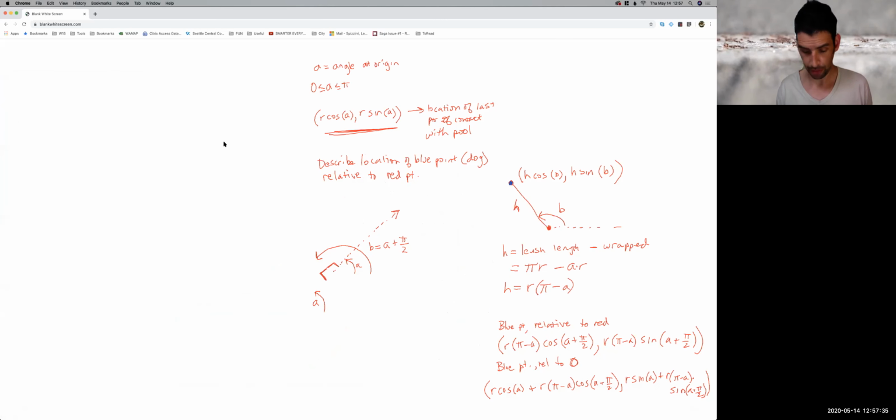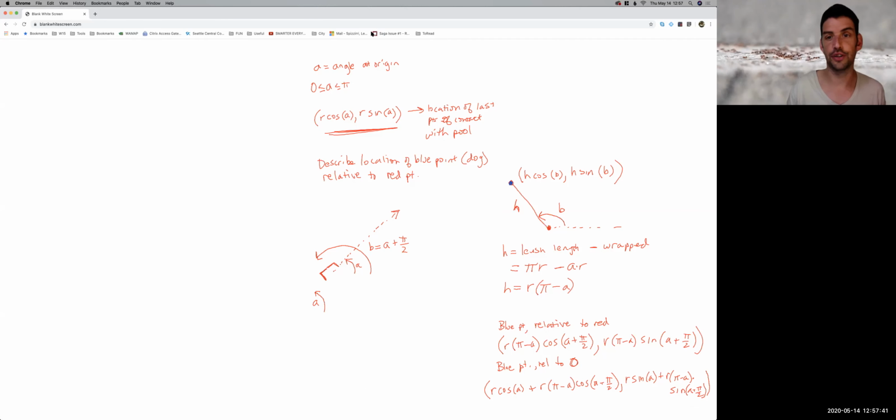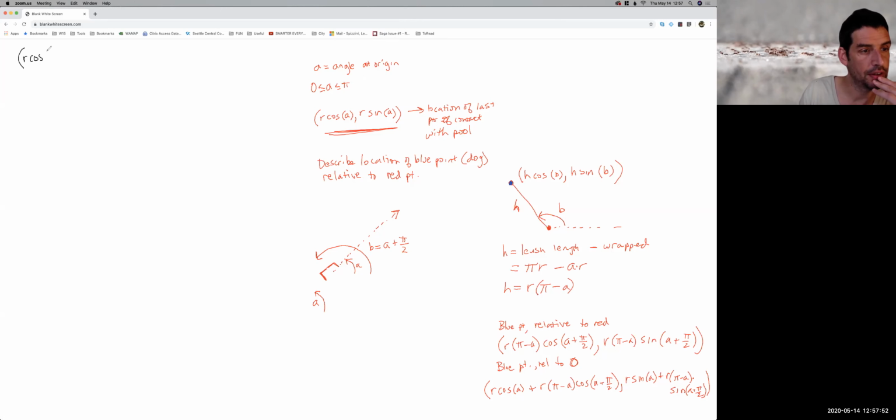Let's just go to some white space. So let me copy what we need. The parameterization is r cosine of A plus r times (pi minus A) cosine of A plus pi over 2.